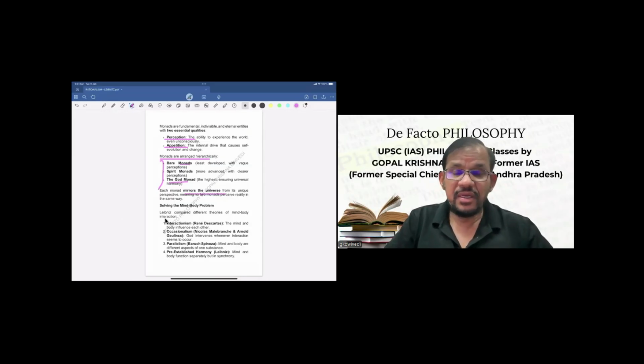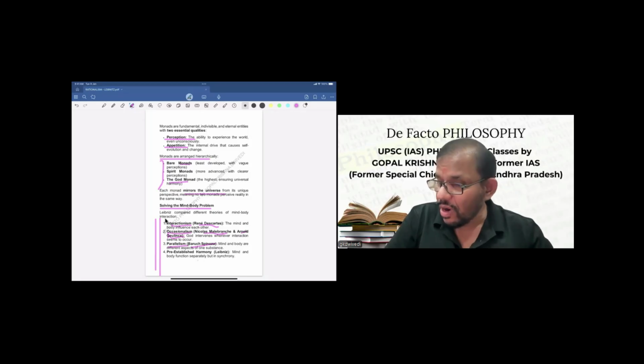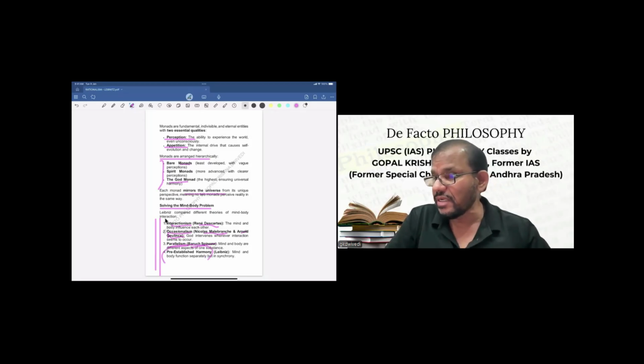Then he tries to solve this mind-body problem, because among the rationalists, Descartes has given interactionism, Arnold Geulincx and Nicolas Malebranche have given occasionalism, Spinoza has given parallelism. Now what Leibniz has finally given is pre-established harmony. So this was an attempt also to solve the mind-body problem.